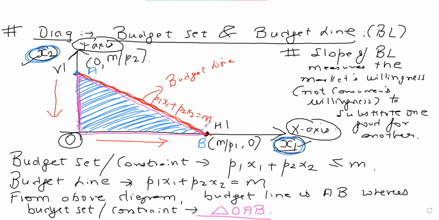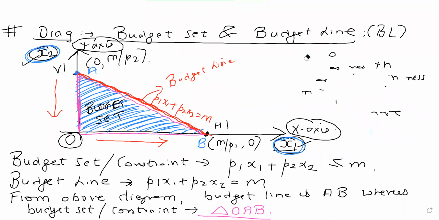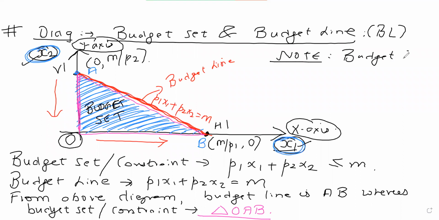So this is your budget set, because it includes all those bundles which either cost you equal to your income or cost you less than your income. So I can also write that the budget set includes the budget line also. I can write this point here as a note: budget set includes the budget line.